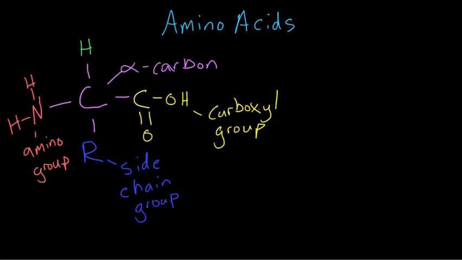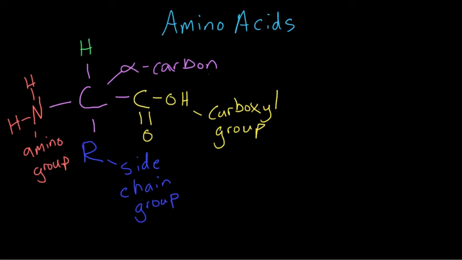In other videos, we'll talk about the different side chains that are put in this position, and how those side chains can interact with each other to form the structure of a protein. And that's important because the structure of a protein determines the function of the protein.